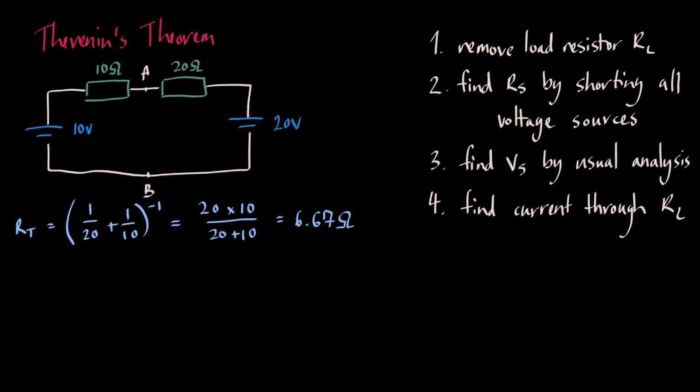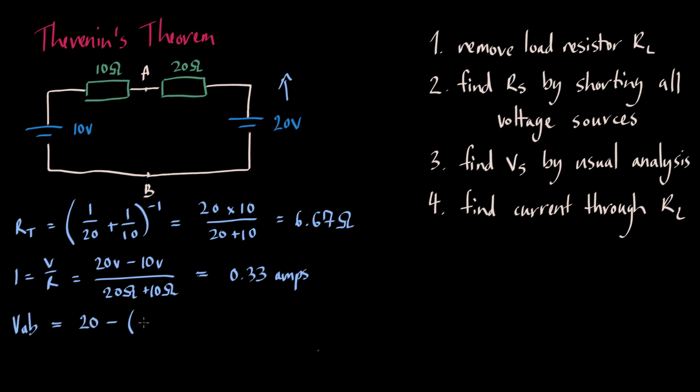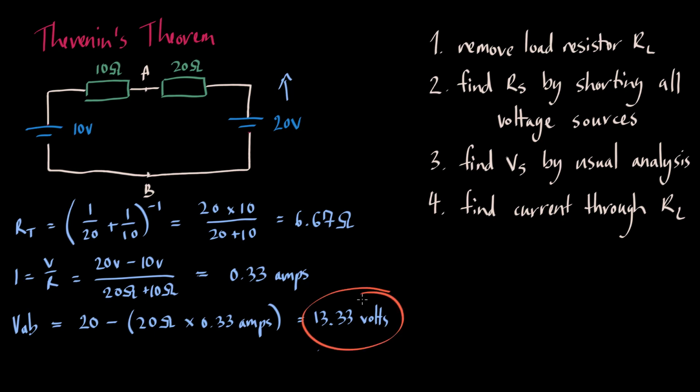Using Ohm's law and taking the 20 volt source as our reference polarity, we now use this to calculate the voltage drop across the 20 ohm resistor or the 10 ohm resistor.